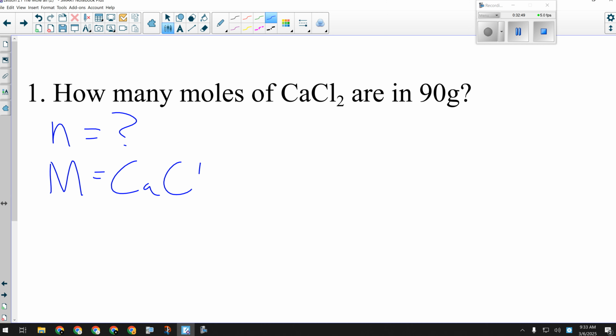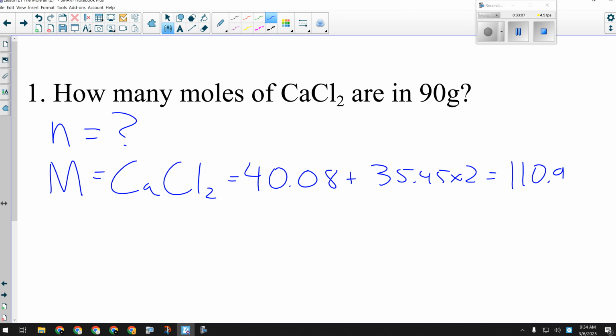I know it's CaCl2, so that's going to be 40.08. That's my one calcium, plus two chlorines, so 35.45 times 2. I shouldn't do mental math, so we'll just punch it in to be sure.